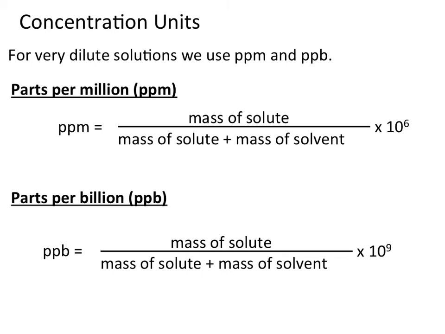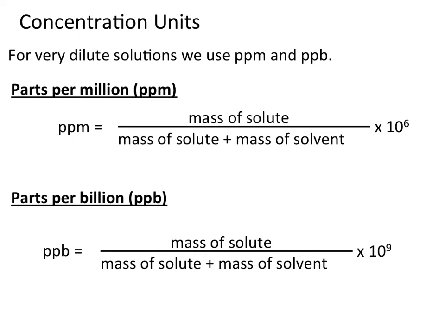There are certain parameters that the United States government has that indicate the parts per billion or parts per million of specific contaminants that can exist and still be considered safe for consumption and things of that sort. So parts per million and parts per billion are very similar to mass percent calculations. The only difference here is that instead of multiplying by 100, we multiply by whichever factor is needed for it to be either parts per million or parts per billion.